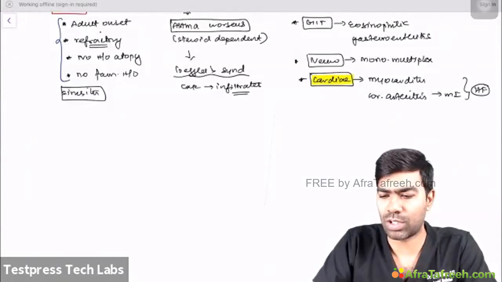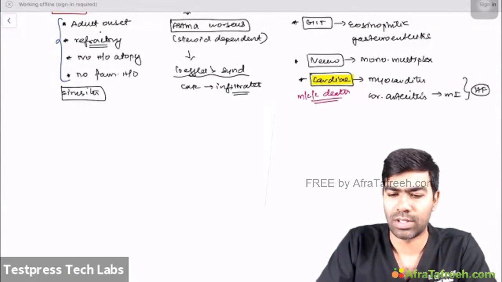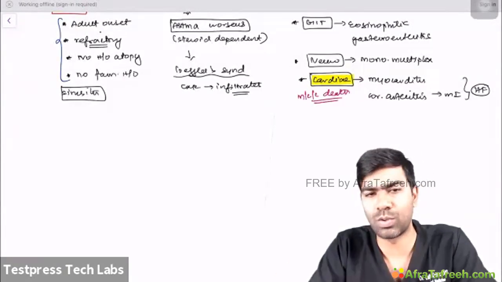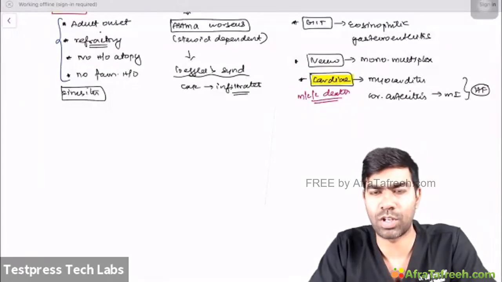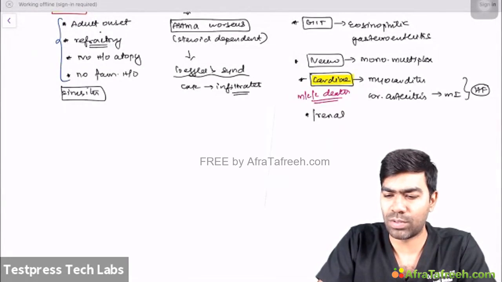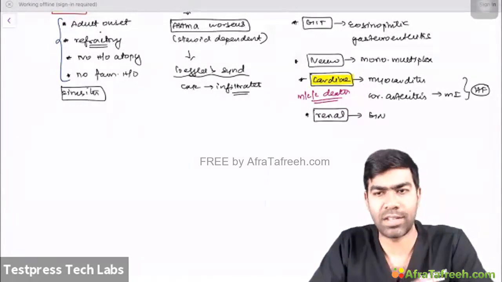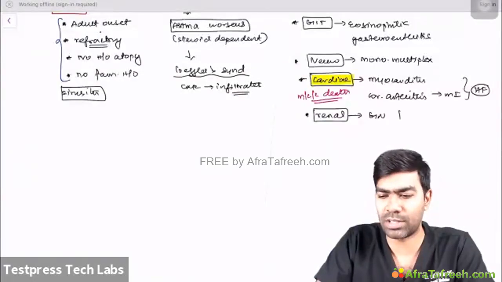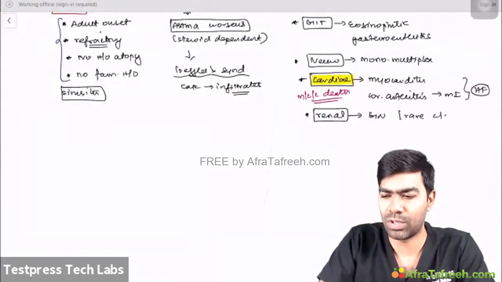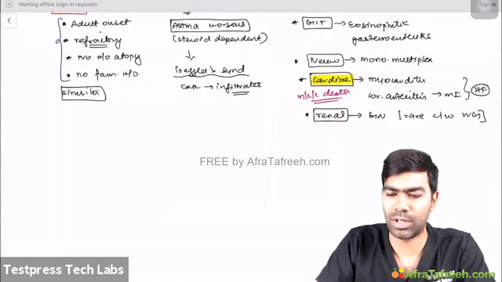So remember, as far as Churg-Strauss syndrome is concerned, this cardiac involvement is the most common cause of death in these individuals. In Wegener's, it's the pulmonary renal syndrome, and Churg-Strauss syndrome is the cardiac cause. That's going to be the most common cause of death. They can have renal involvement also, in the sense they can develop glomerulonephritis, which can be the focal segmental GN type, even though renal involvement is a little rare compared to Wegener's.